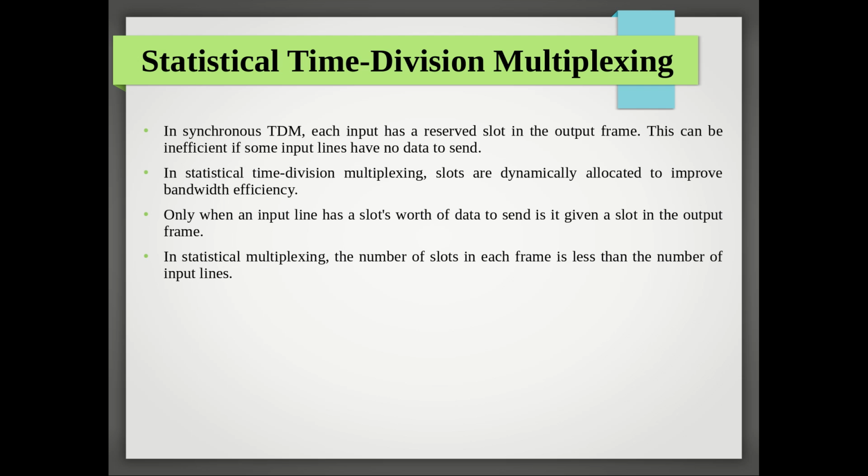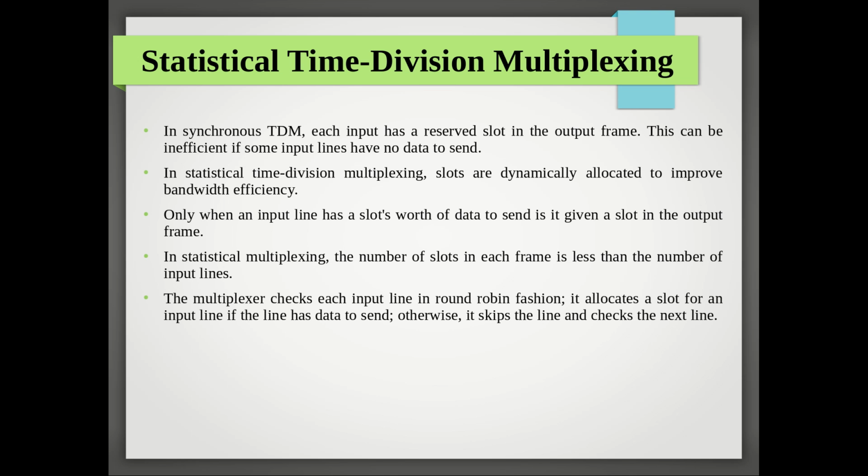So normally it is taken as less than or equal to. Sometimes if you make it equal, it may be some generalization of what we already learned. Typically we make the frame small enough that if there are n input sources wanting to send information, the number of slots in the statistical TDM frame will be less than n.